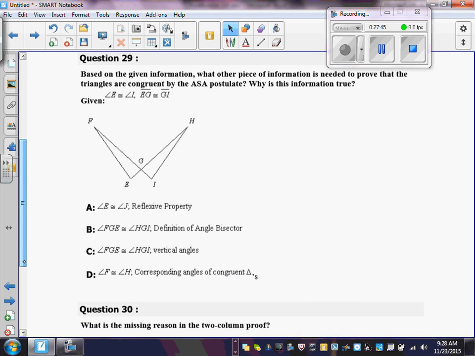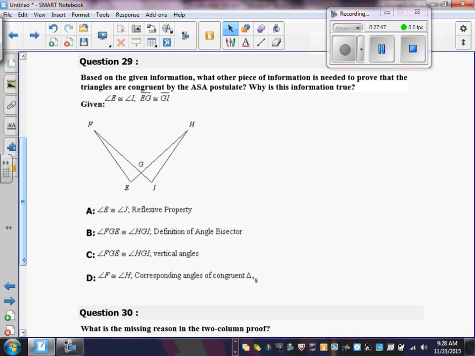29. Okay, based on the given information, what other piece of information is needed to prove that the two triangles are congruent by ASA? So this one is a little bit different than what we've been doing. For ASA, you always start with what is given. They gave you angle E is congruent to angle I. They gave you that EG is congruent to GI, which is this one.